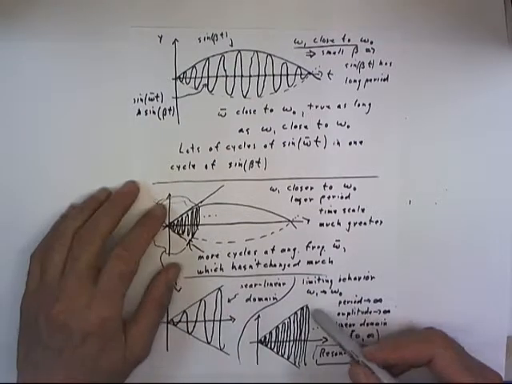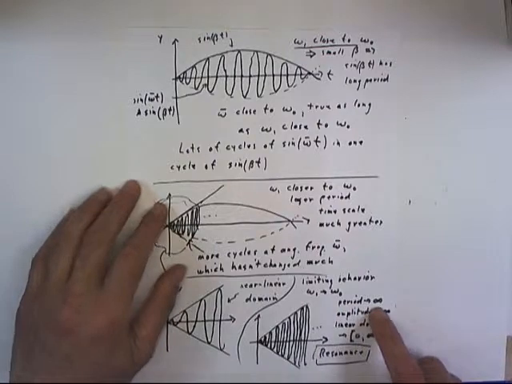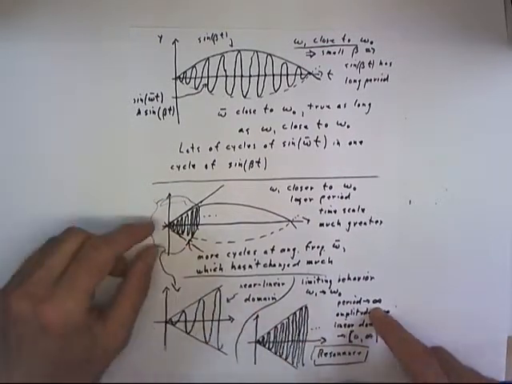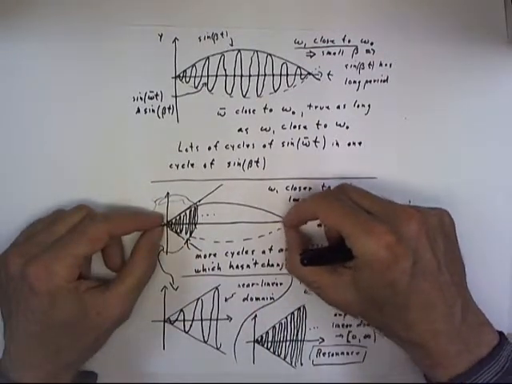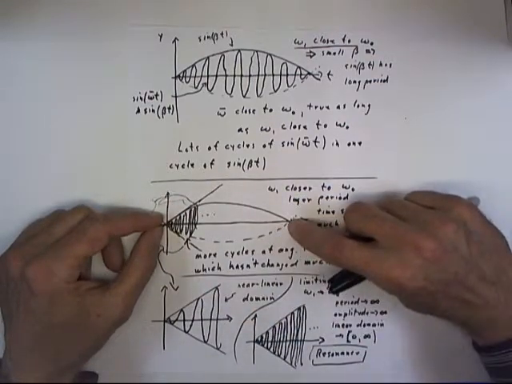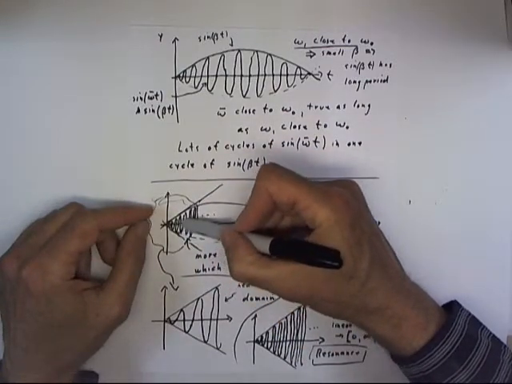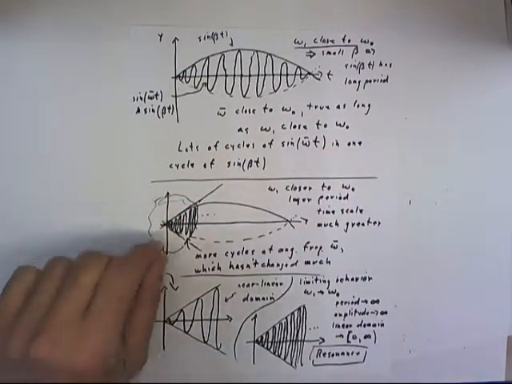Now, the limiting behavior as omega 1 approaches omega bar is that the period of the sine of beta t function approaches infinity. The period of this thing goes on to infinity, so that this hump here would depict a longer and longer time scale with more and more oscillations within the linear domain.